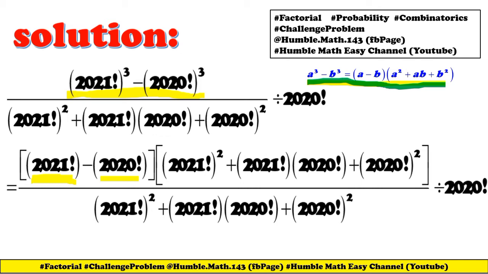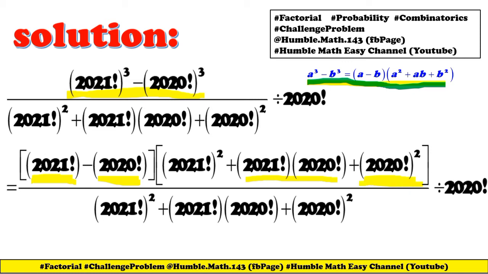Then the third term in the second factor is the square of the second term of the first factor, which is 2020 factorial, so we have the square of 2020 factorial.